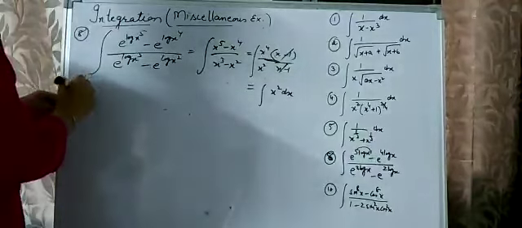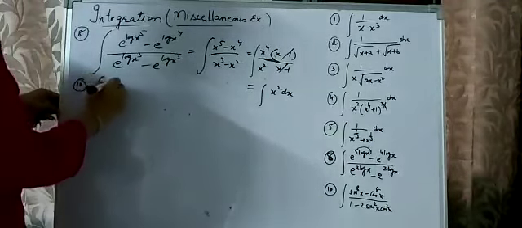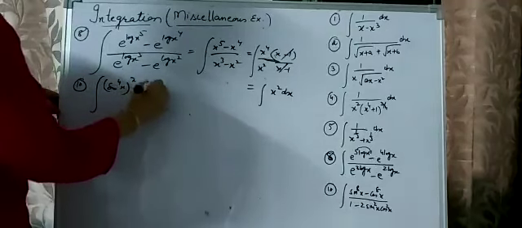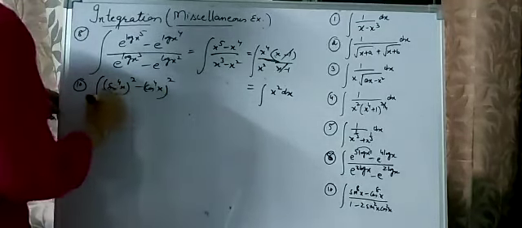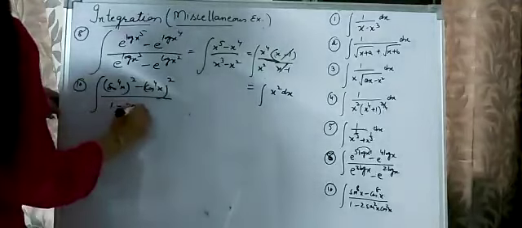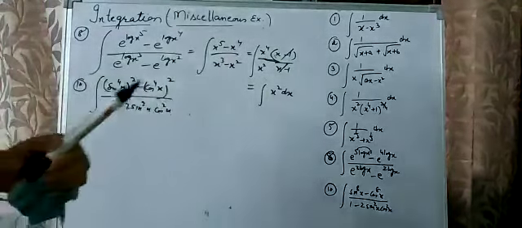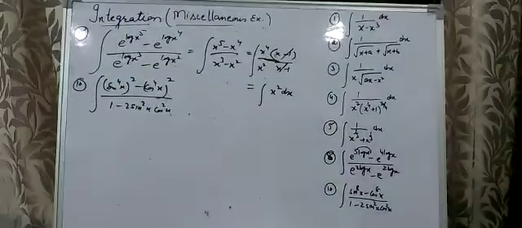Now what do we do in this 10th question? You can break this into square form. So you will get 1 minus 2 sine square x cos square x.